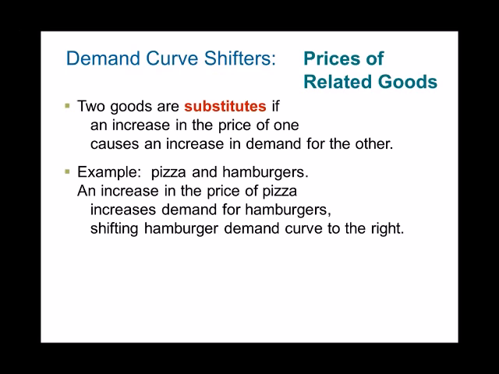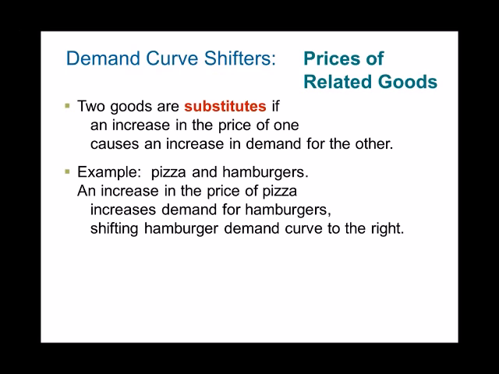You don't have to spend a lot of money to buy a hamburger. So if 100 other people are thinking like that, that's going to cause the demand for hamburgers to shift to the right.